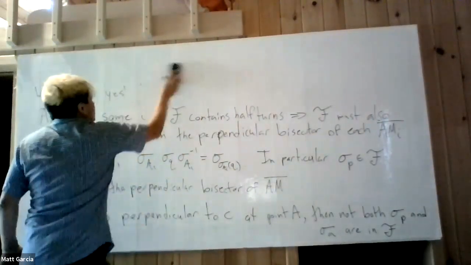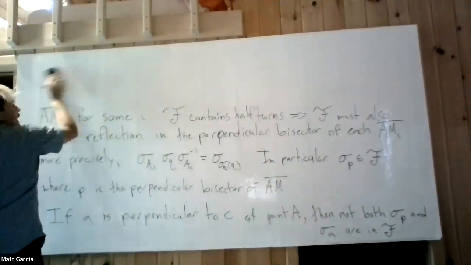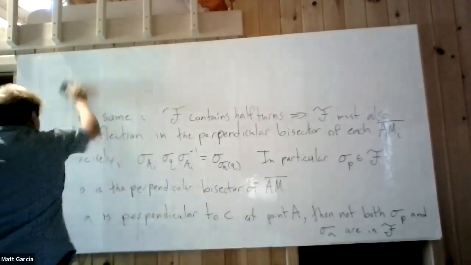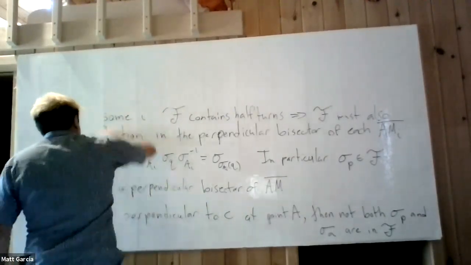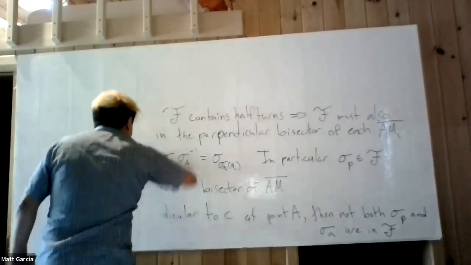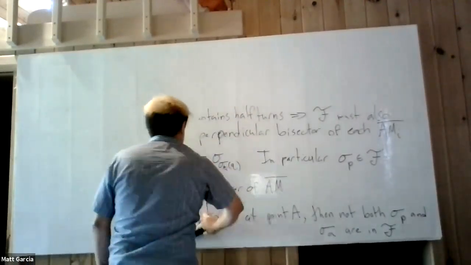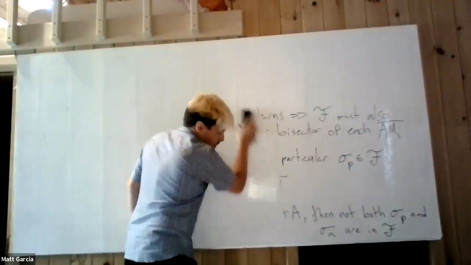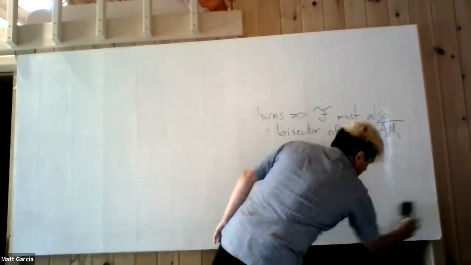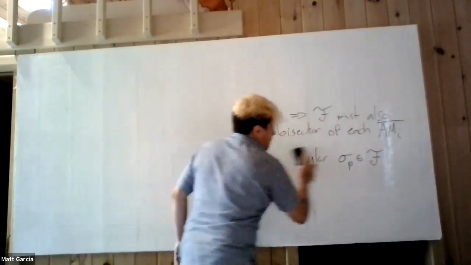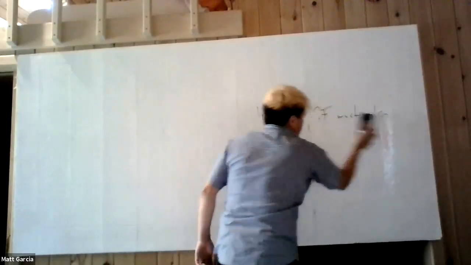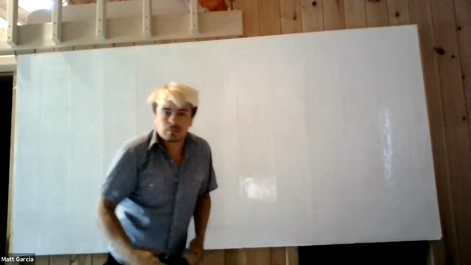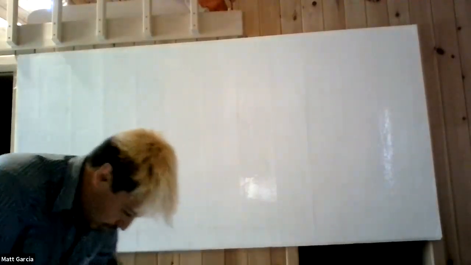Good. Thank you, Jordan. Okay, so what happens when we take the product of two reflections where the lines in which they are reflections are parallel? What kind of isometry do we get? Yeah, it's a translation. Good.